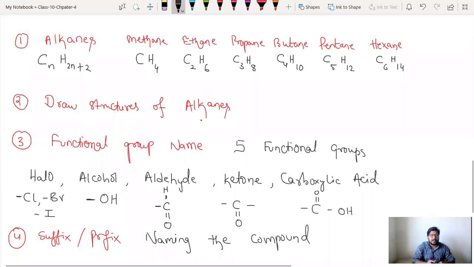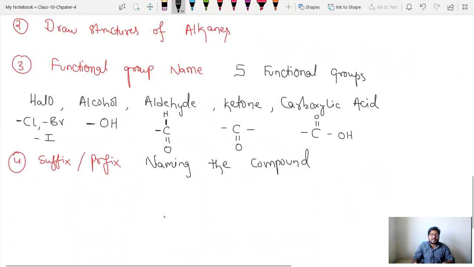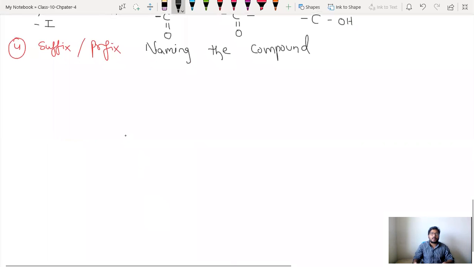Halo means bond Cl, bond Br, bond I. Alcohol, bond OH. Aldehyde, single bond H and double bond O. Ketone, double bond O with single bonds beside it. Carboxylic acid, double bond O, single bond OH.